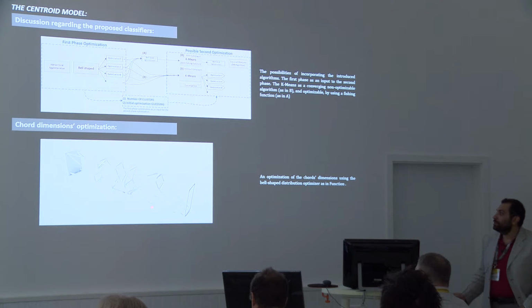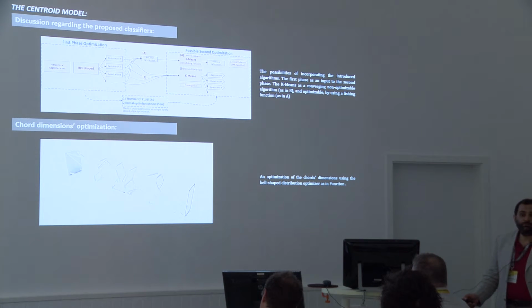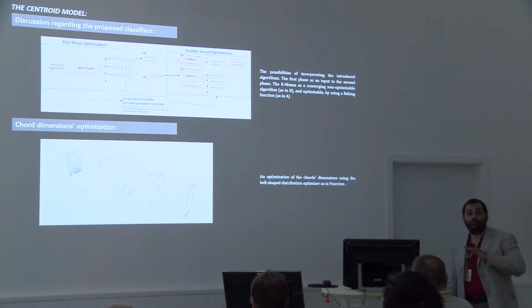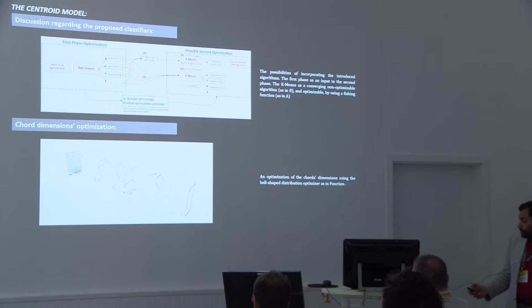We get the utilization value for each of these chords, and we use the bell-shaped function again to reclassify all of these chords and to assign dimensions separately for each chord, and then they jointly produce a final optimized structure. Actually, this chord optimization adds a 2 to 3 times enhancement to the performance of the optimized Delaunay or Voronoi structure. So it's considered an important phase.